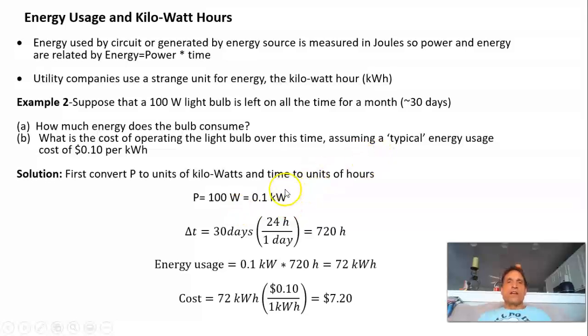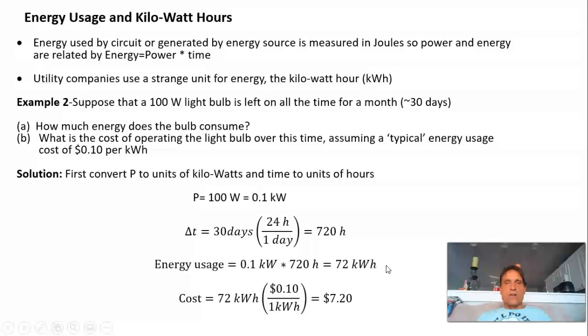The next thing we need to do is convert 30 days to hours. So 30 days, 24 hours in a day, 720 hours. Then the energy usage in units of kilowatt hours is 0.1 kilowatts times 720 hours is 72 kilowatt hours.